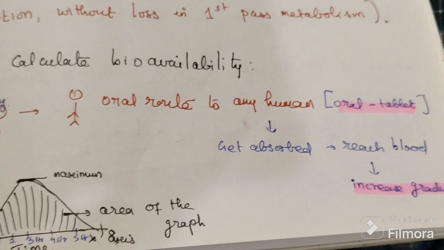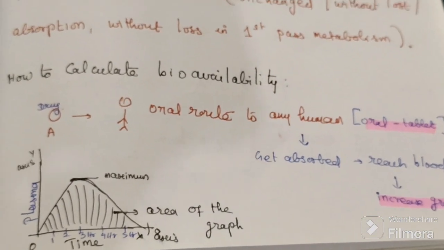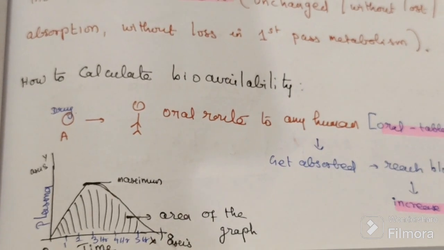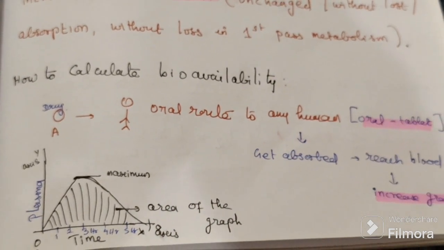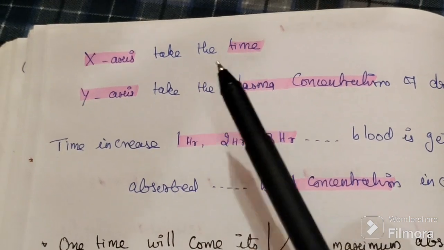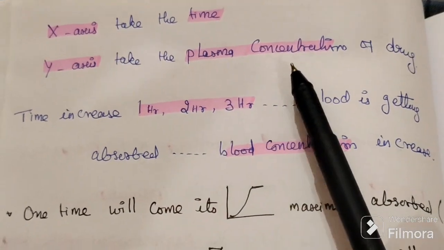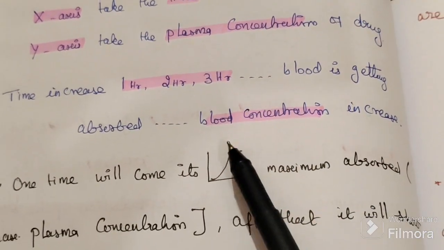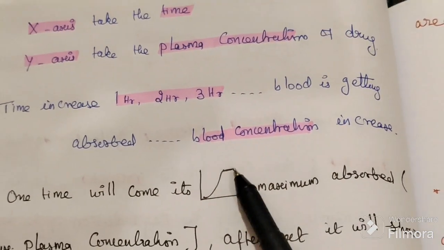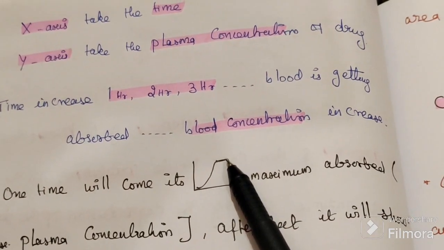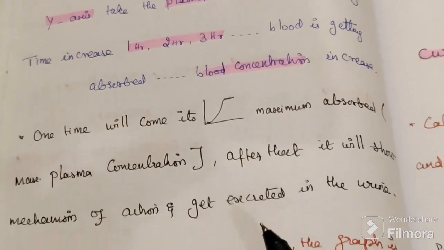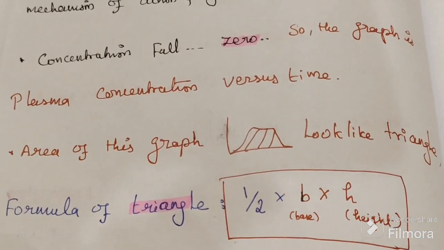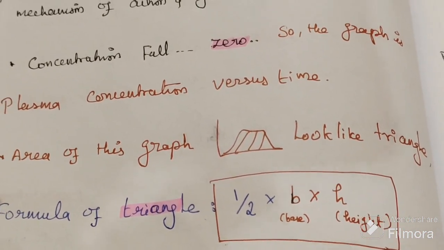Area is half into base into height. The x-axis is time and the y-axis is plasma concentration. As time increases, plasma concentration also rises up to a maximum and then decreases after some period. So this looks like a triangle. What is the triangle formula? Half into base into height.